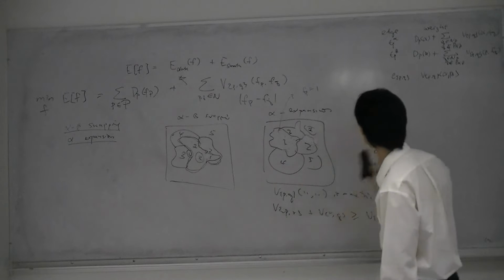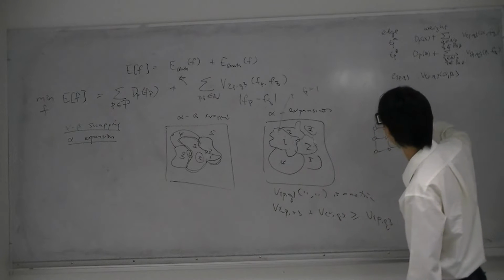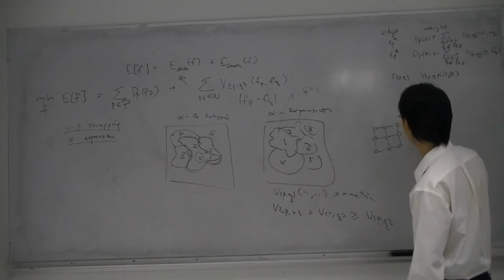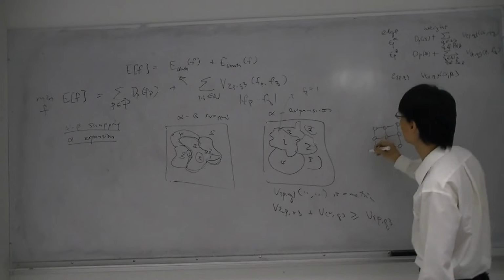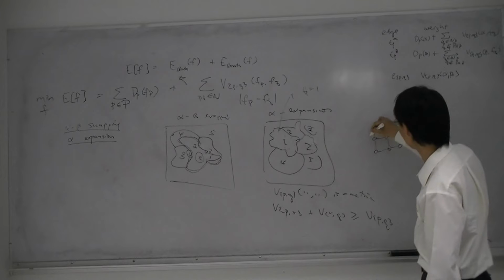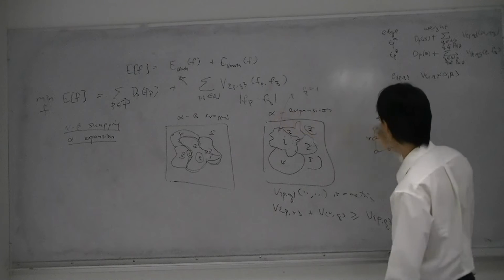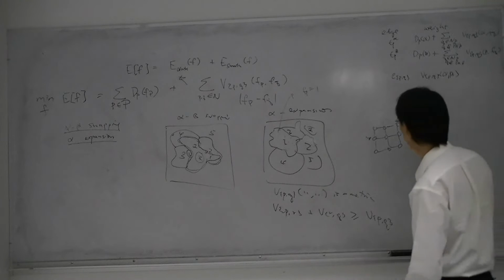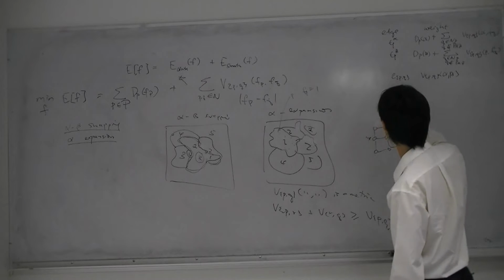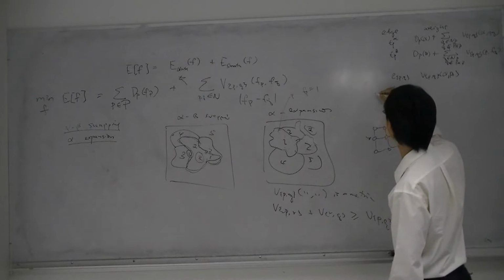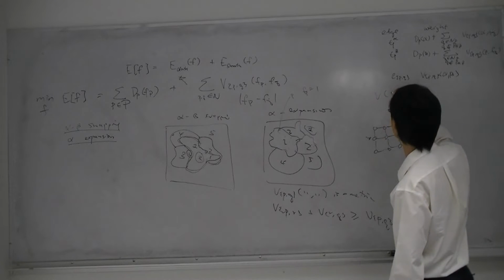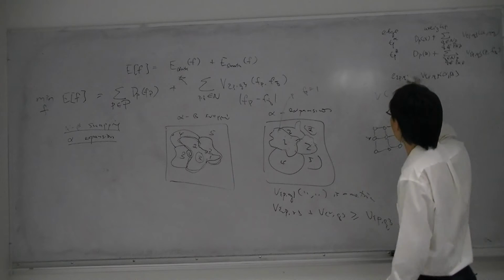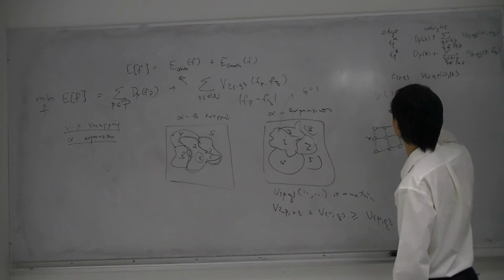Let's just write a small example here. Let's say these are all pixels. What I care about is the total energy. Let's say I have just 2 kinds of labels, 1 and 2.